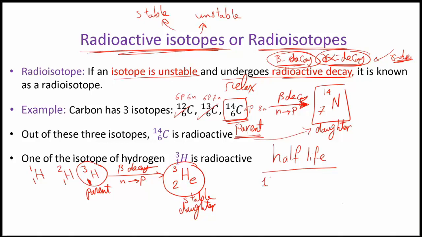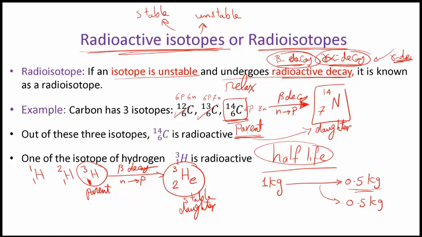So if we have 1 kilogram of the parent, after this time, the half-life, it will be half a kilogram. And where is the other half? It changes into a daughter, like carbon-14 changes into nitrogen. So half a kilogram will be nitrogen and the other half stays carbon as it is.